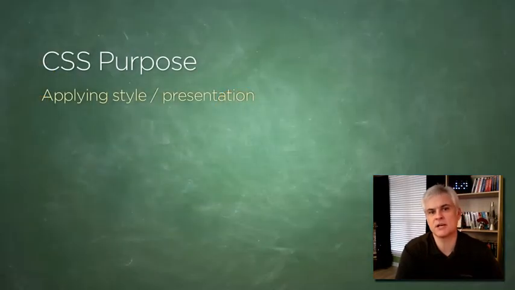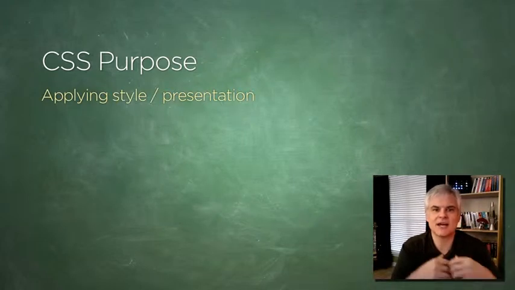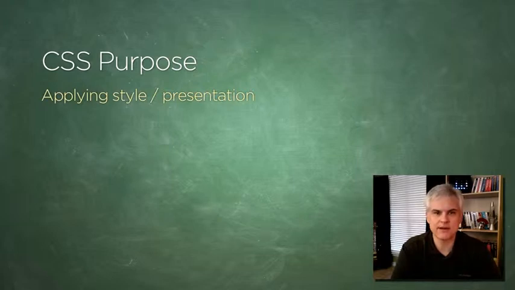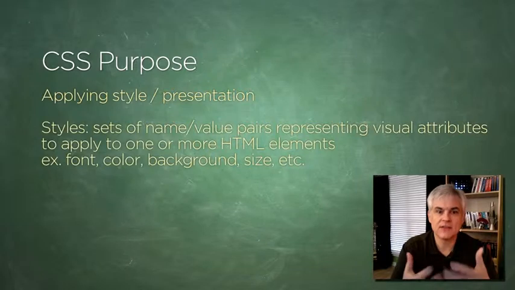The purpose of cascading style sheets. I've repeated it over and over up to this point in this series, so it shouldn't be much of a surprise. The purpose of CSS is to apply visual styles to the HTML5 code that you write and affect the presentation of the content. A style is simply a collection of name-value pairs representing a visual attribute of a given HTML5 element.